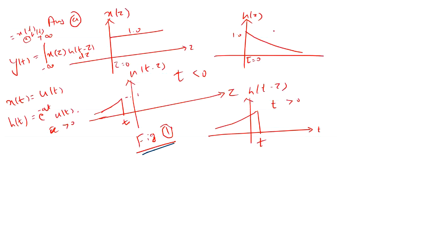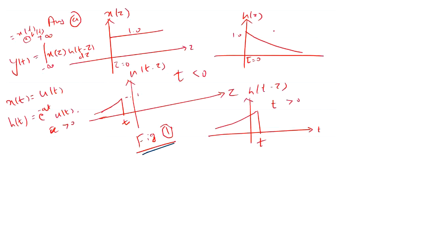Is there any overlapping region? So x(tau) and h(t minus tau) do not overlap for t less than 0. It is clear from the graph. Let us again draw the graph.